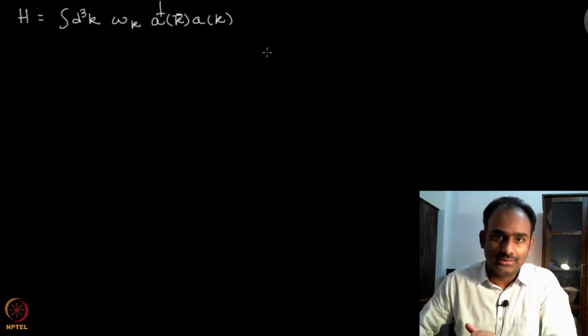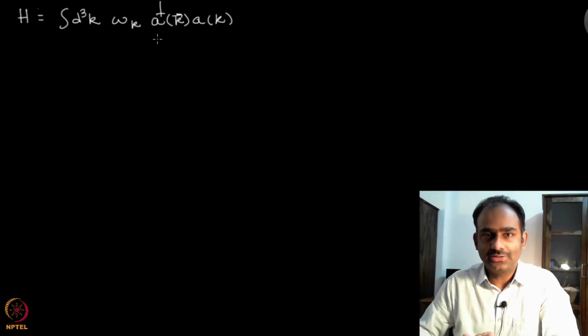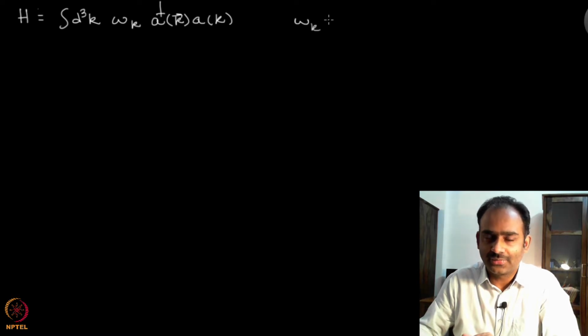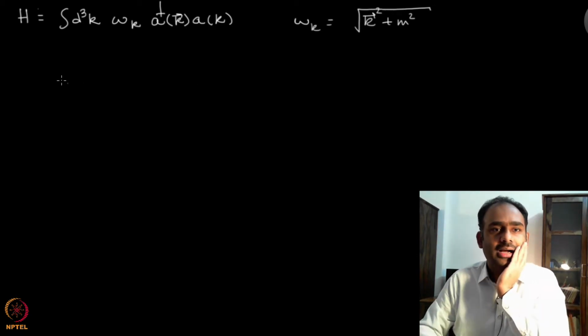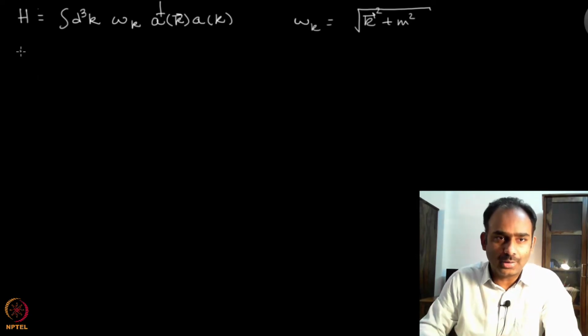Okay. So, I have written down here the Hamiltonian which we have expressed using the operators A and A daggers. Okay, and remember omega k is the square root of k square plus m square, and I also wrote down the momentum operator in this theory.